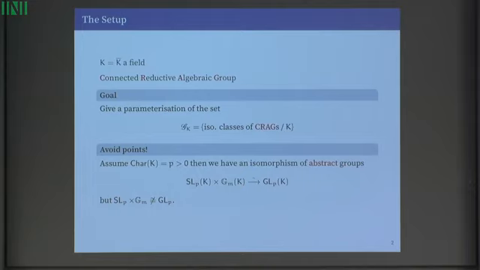You can take this group on the left, SL_p(K) cross G_m(K), where G_m is the multiplicative group of the field, that's going to be abstractly isomorphic to GL_p(K). But they're not isomorphic as reductive algebraic groups, because these aren't isomorphic as varieties. So we want to take into consideration these issues.